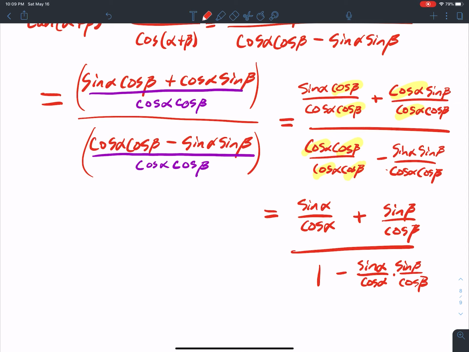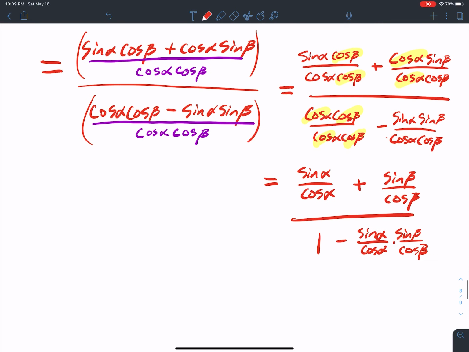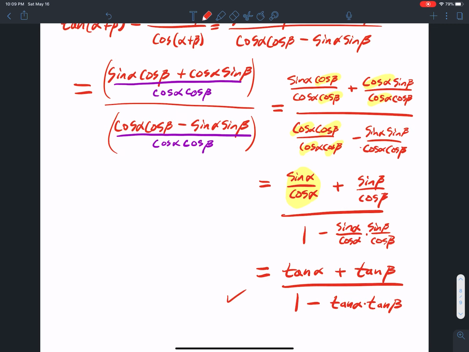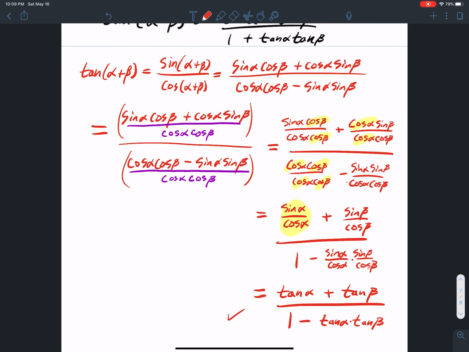I separated that out because now what do I know? Sine over cosine is tangent, so I'm going to start doing tangent substitutions. This becomes tangent alpha plus tangent beta divided by 1 minus tangent alpha times tangent beta, which is our desired identity right there.